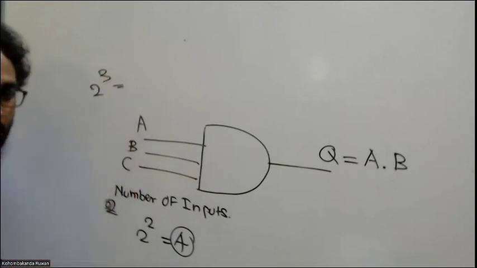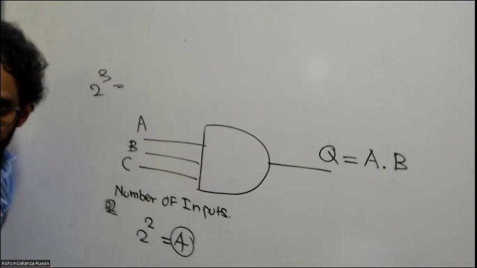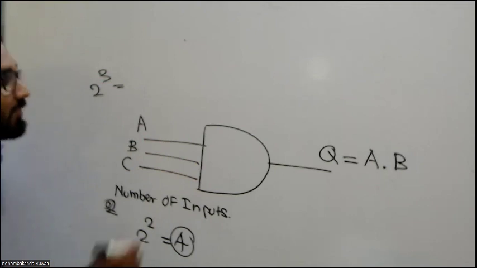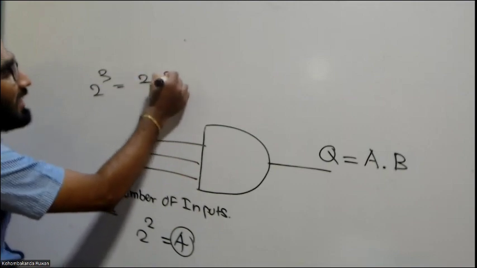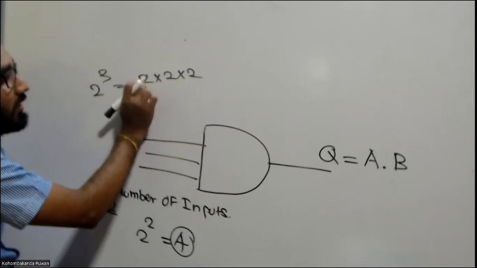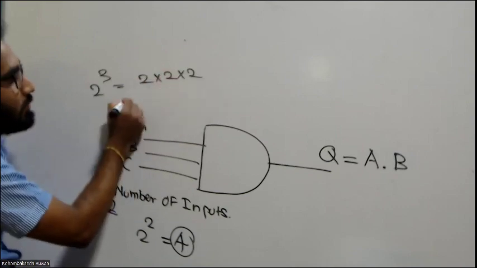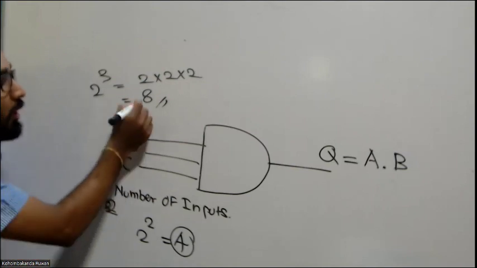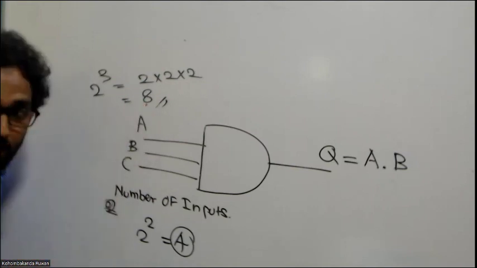That means how many? 8. 2 to power 3 means 2 times 2 times 2, that means 8. When you are drawing the truth table, you have to write 8 states now.